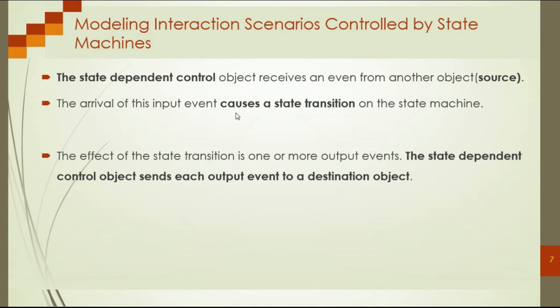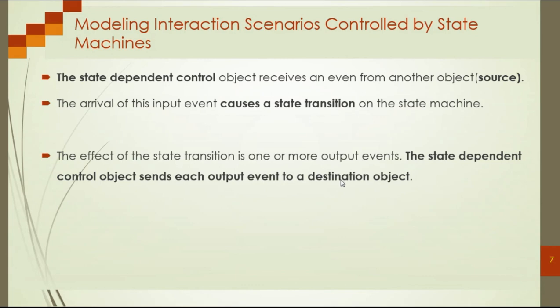There is a transition that will happen, and after this transition is completed, the state dependent control object will receive the output, and the effect of the state transition will be one or more output events. These events will be sent to the state dependent control object, and it will send each output event in the interaction model or in the state dependent interaction model.